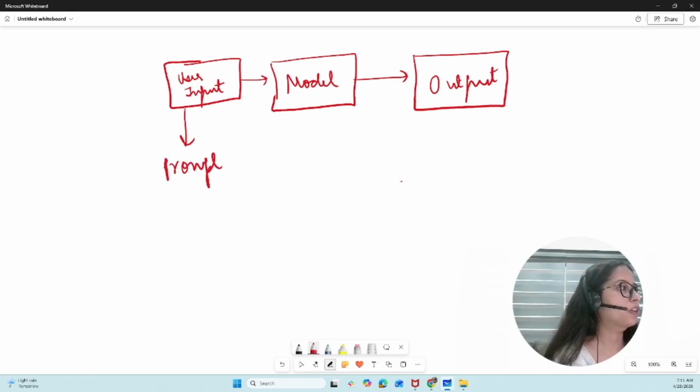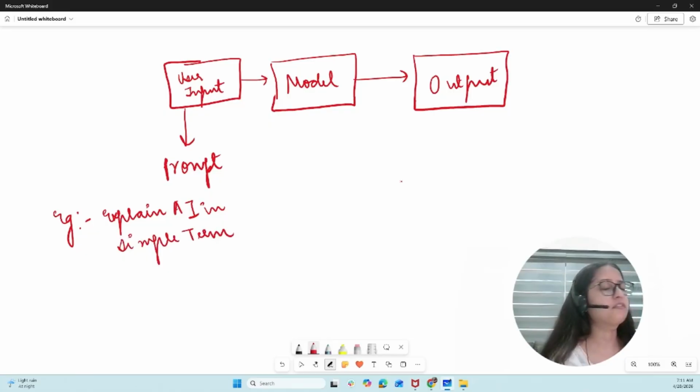Whatever prompt you give to the model, for example, you give the prompt: explain AI in simple terms. That is the user input you have given. Now the AI model, whatever AI model you are using, processes this input. Whatever input you have given will be processed by the model.